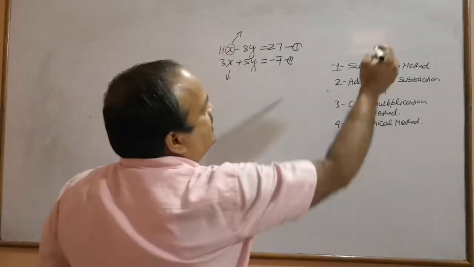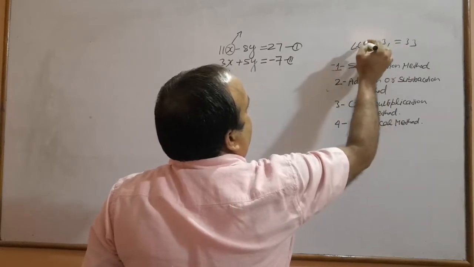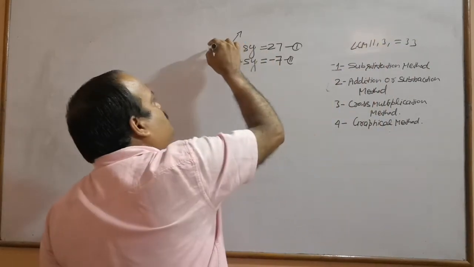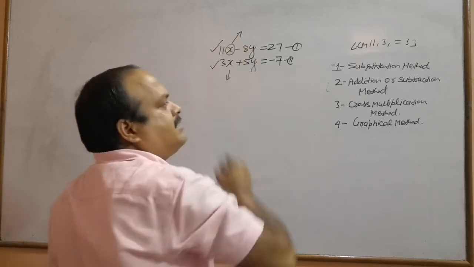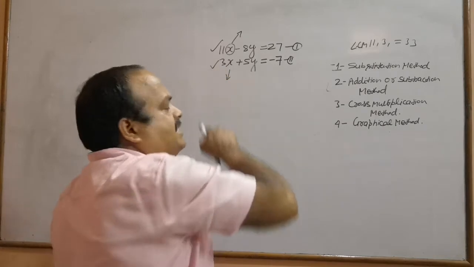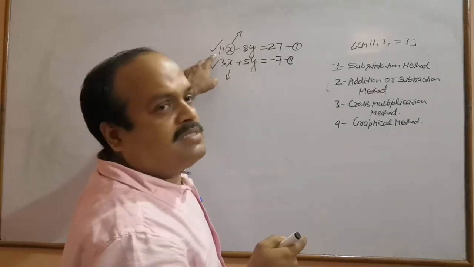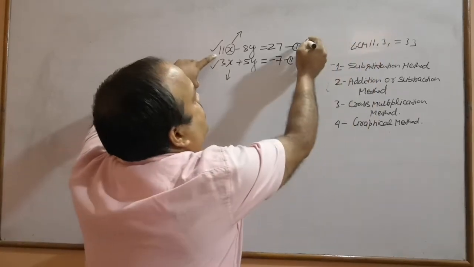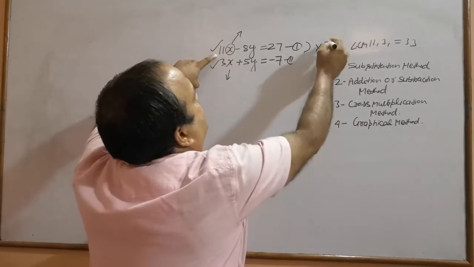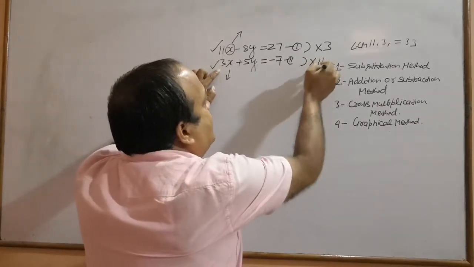The LCM is 33. So we have to make this 11 into 33 by multiplication, and this 3 into 33 by multiplication. To make this 11 into 33, we need to multiply equation 1 by 3 and equation number 2 by 11.